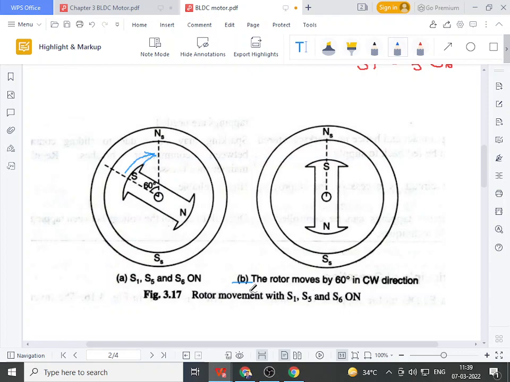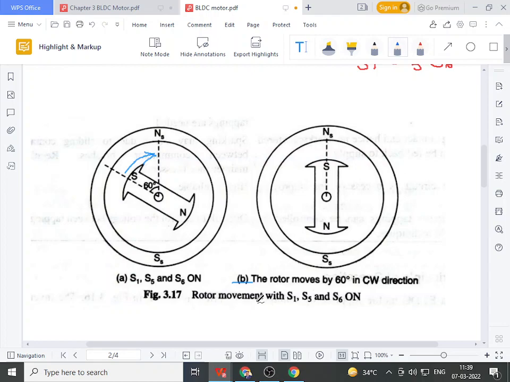Now when rotor attains the position as shown in figure B, this position is sensed by rotor position sensor, and this rotor position sensor now gives control signal to the gate driver circuit, which will now turn on the next switching sequence.